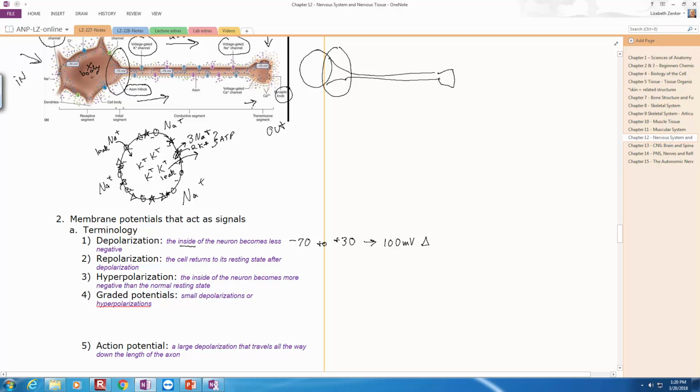Now, repolarization means that we have to fix it, right, from what we just did. So this means the cell will now return to its resting state after it has depolarized. So repolarization only occurs after a depolarization. And so we might go from -70, which was our resting membrane potential.